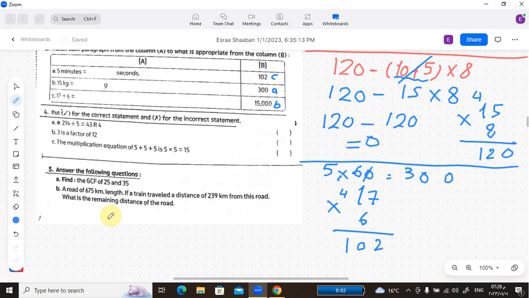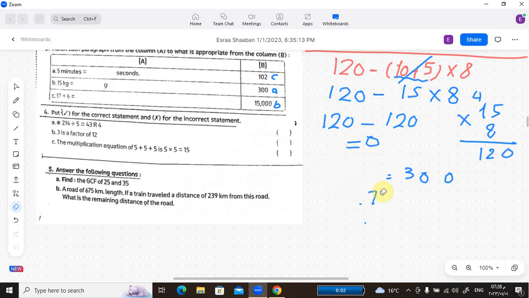Number 4. Put right for the correct statement and wrong for the incorrect statement. 214 divided by 4 equals 43 and remainder 4. We said before, when I need to check if this division is right or wrong, I will take the quotient times the divisor plus the remainder if we have a remainder.